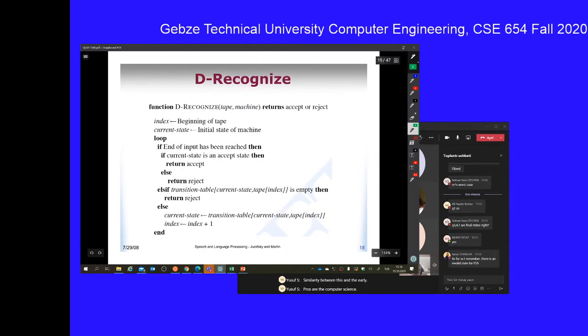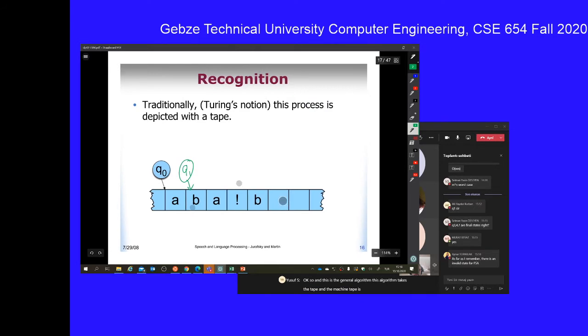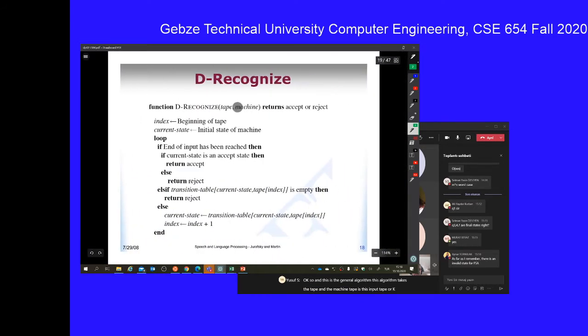This is the general algorithm. It takes the tape and the machine. The tape is this input tape, and the machine itself is the 5-tuple: the set of states, the alphabet, the start state, the final states, and the transition table.